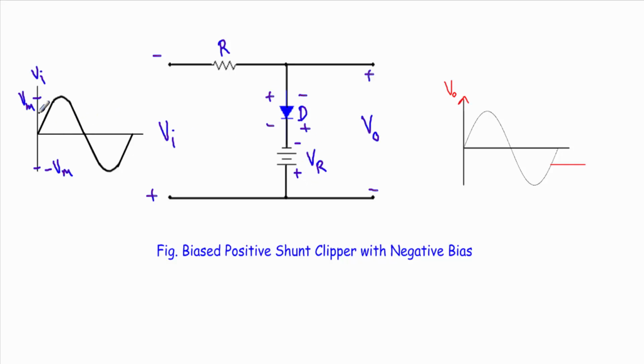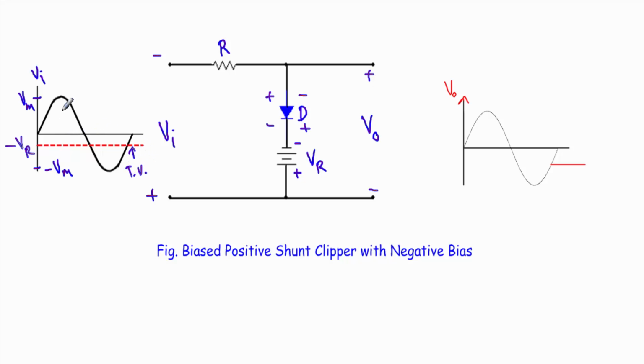That means the value of input voltage has to be equal to minus VR, and when this input voltage is equal to minus VR, that will be the transition voltage in the input waveform. So when Vi equals minus VR, that will be our reference, and this is our transition voltage.